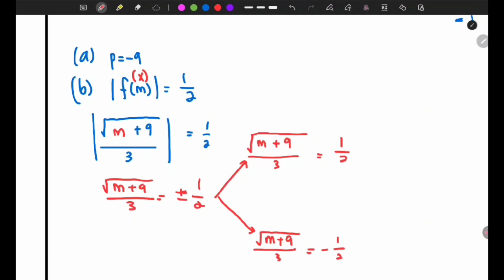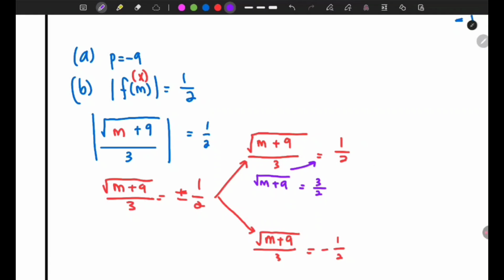Solve for your M. So find out your M. Bring one by one there and find your M. So the 3 you bring to this side, divide, bring that times. So 3 times 1 over 2 is 3 over 2. So and then square root, bring there, square.